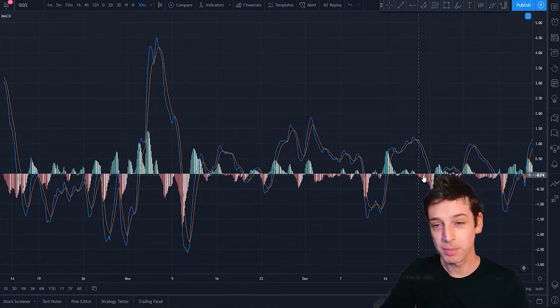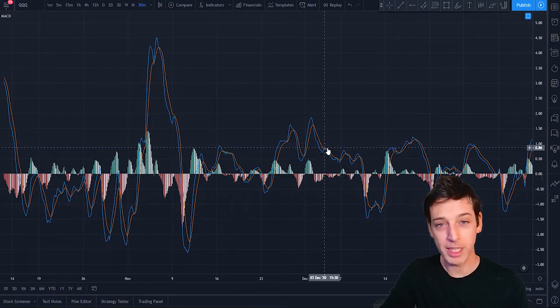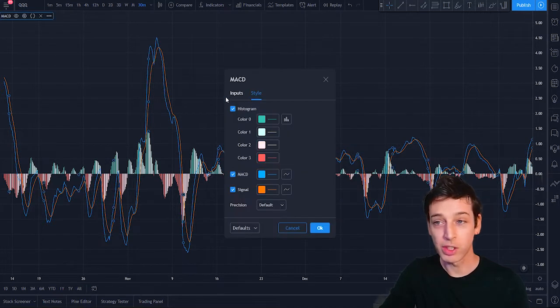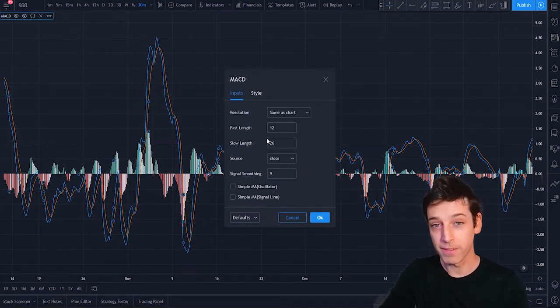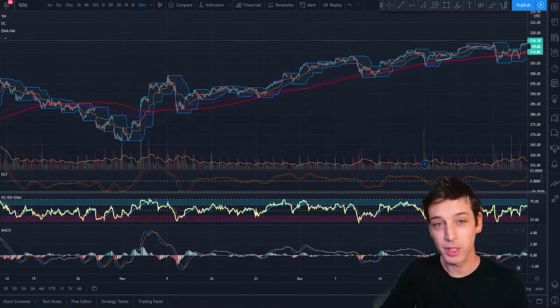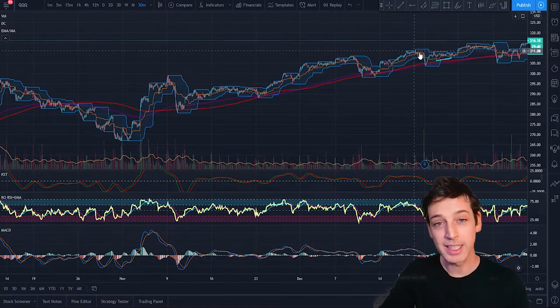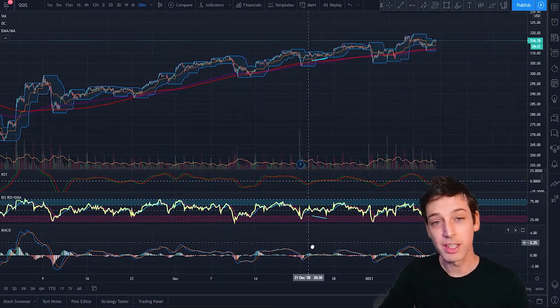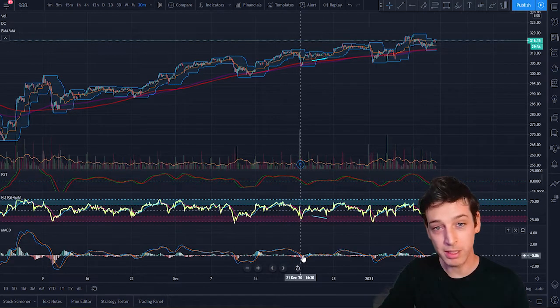When they cross up, well below the center line, they give a buy signal, and when they cross down, while above the center line, they give a sell signal. If we combine these crosses with the histogram, then we can take trades that are in line with price momentum.